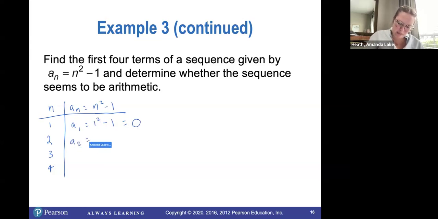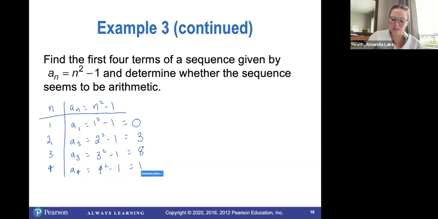A2 is 2 squared minus 1. 4 minus 1 is 3. A3 is 3 squared minus 1. 9 minus 1 is 8. And A4 will be 4 squared minus 1. So 16 minus 1 is 15.